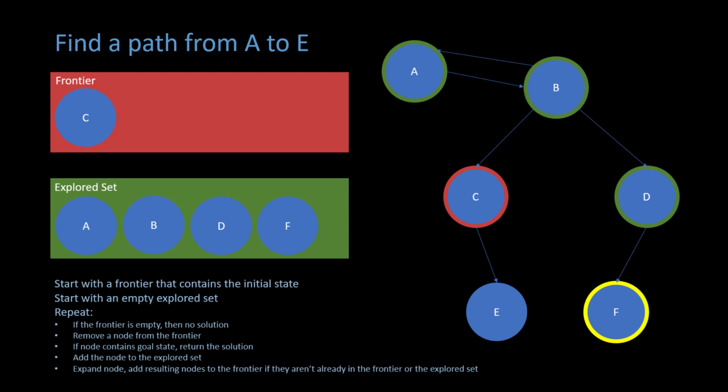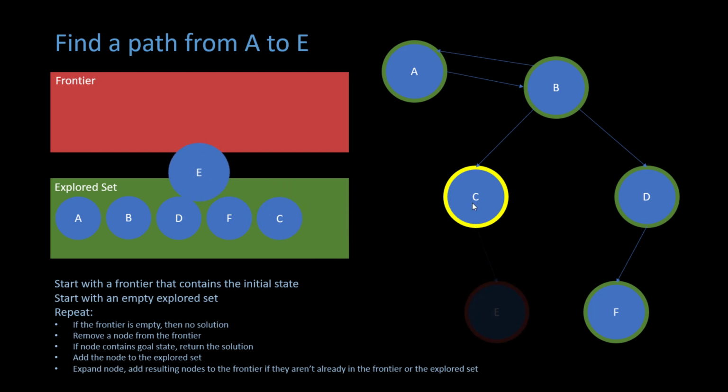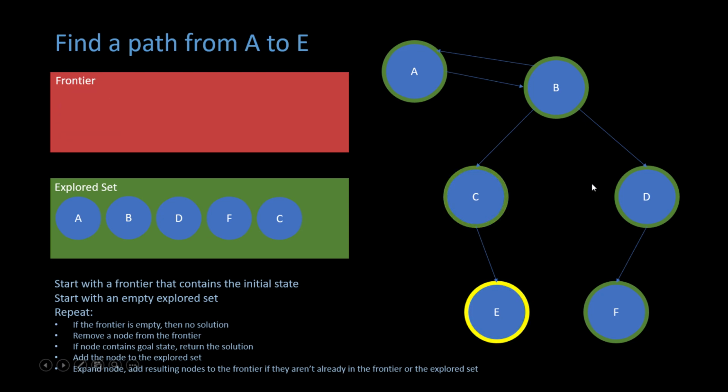So I will remove C from the frontier and make it part of the explored set. Now I expand my node, meaning E is now in the frontier, and since E is the only one and also the last one that entered, I will make it my new explored node. And well, now I have reached my goal state.